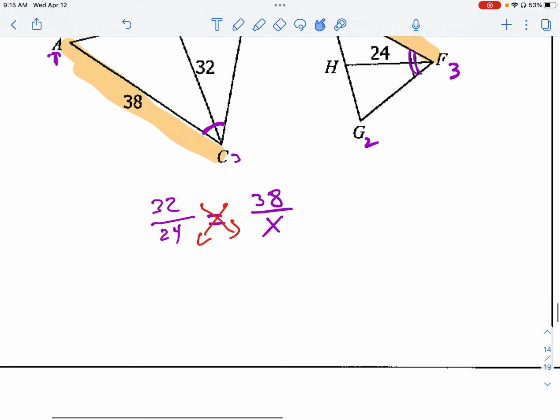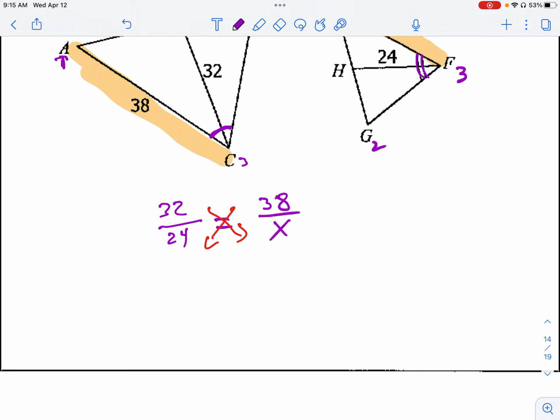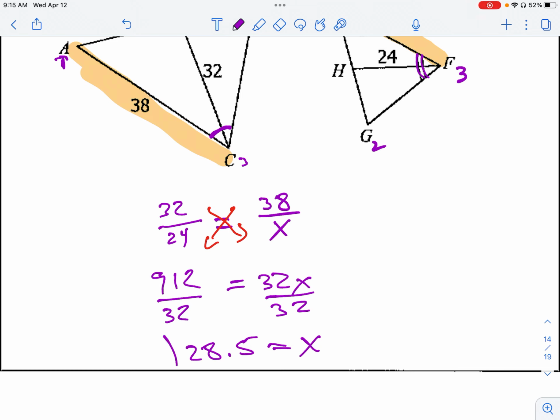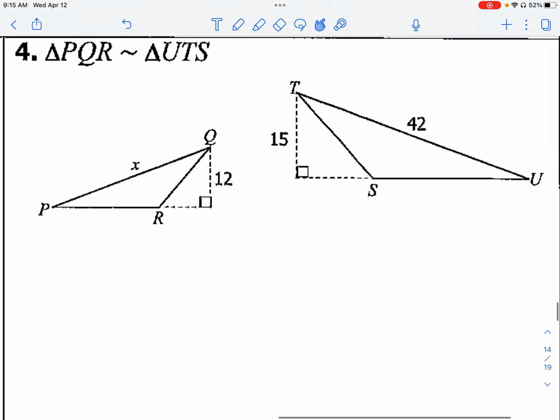We cross multiply, and we get 32x equals 912. We divide by 32, and we get 28.5 equals x. A couple more examples here.